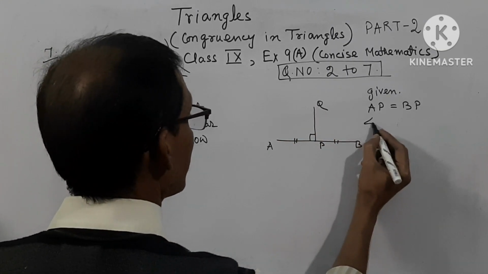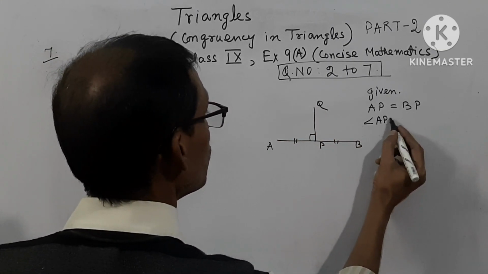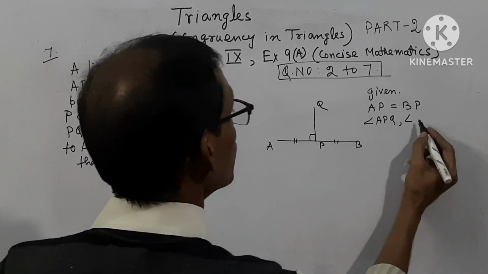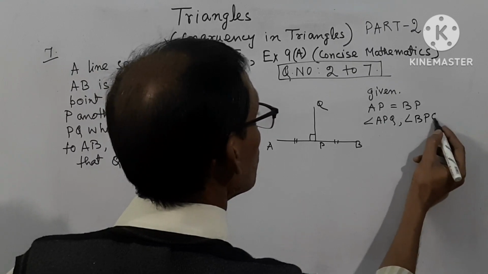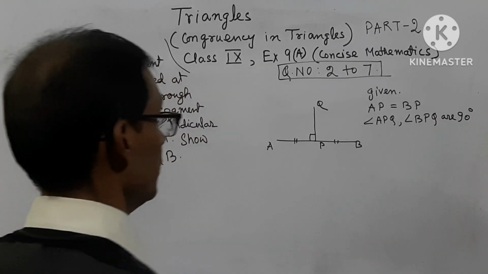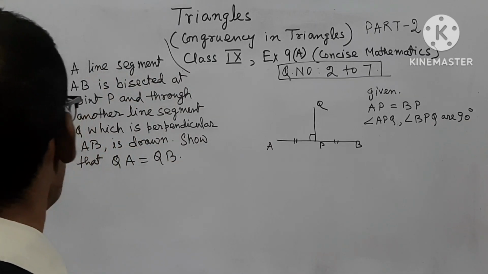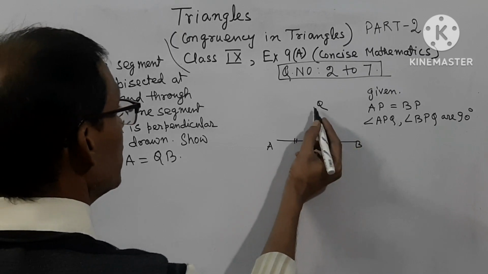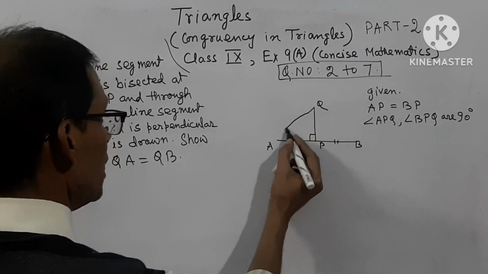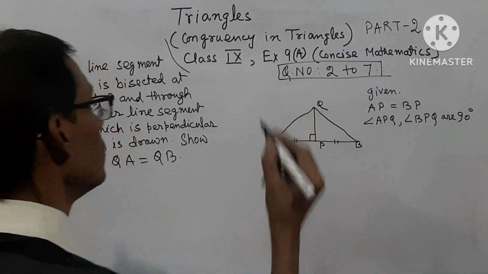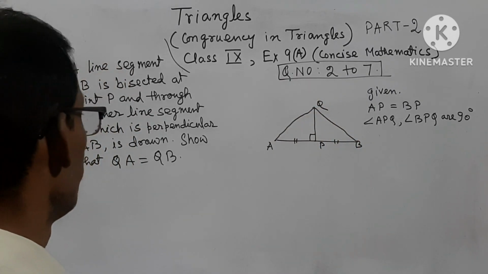That means angle APQ and angle BPQ are 90 degrees. This is also given. Now you have to show QA equal to QB. Definitely I have to make a construction. I have to join QA and QB.